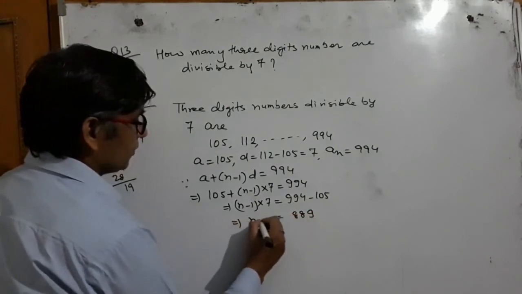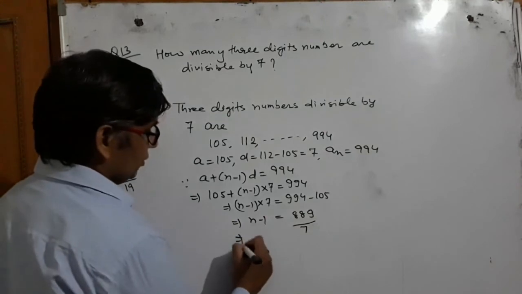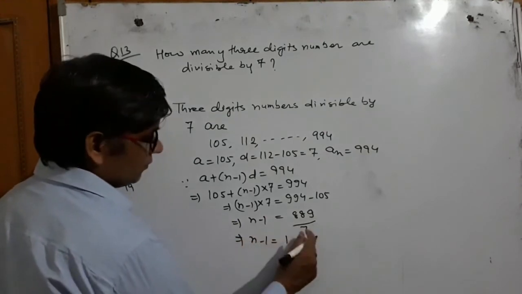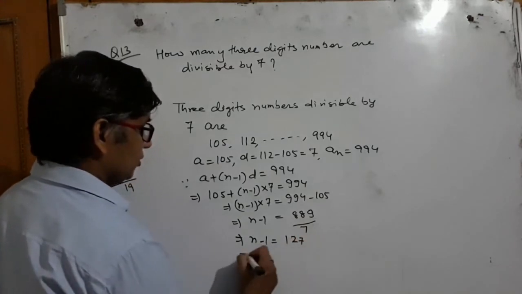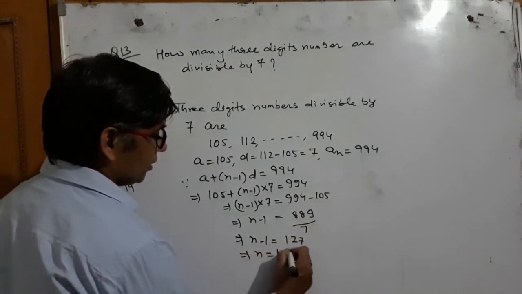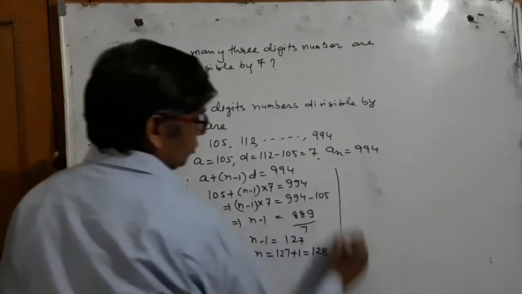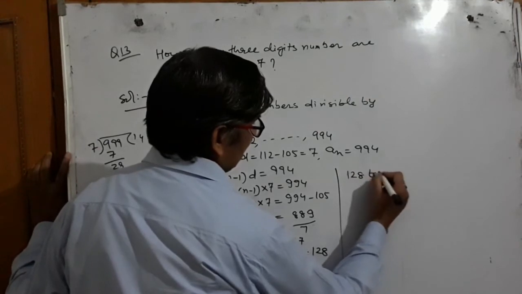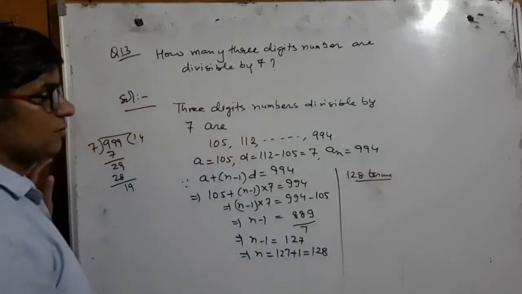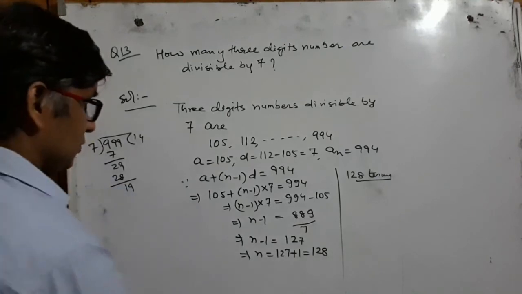So n minus 1 equals to 889 upon 7. N minus 1 equals to 127. N equals to 127 plus 1, 128. So 128 terms are the 3-digit numbers which are divisible by 7.